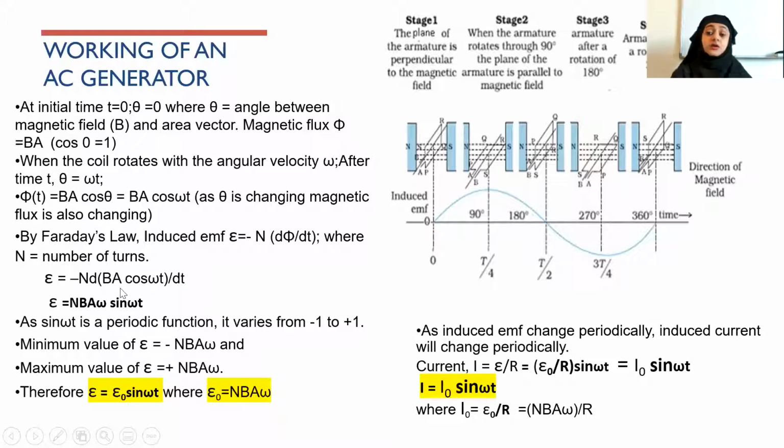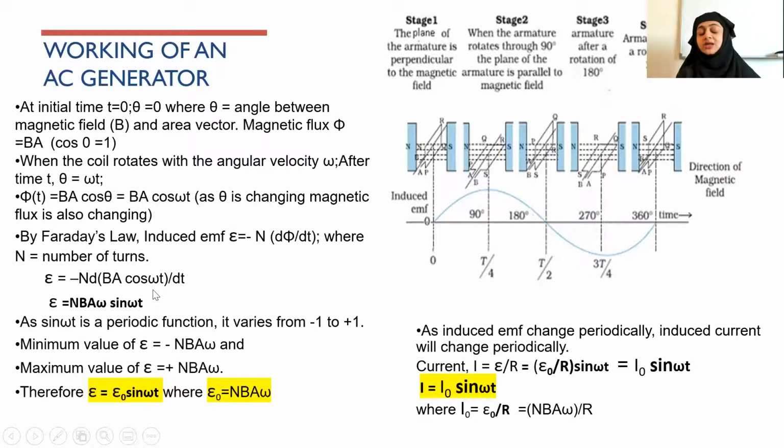B and A are not changing. We are not changing the big magnet over there. And we are not changing the area of that rectangular coil. They are part of the machinery. So they will be remaining constants. So we can take both the magnetic field B and area out of the derivative. So it will be minus n BA d by dt of cos omega t.